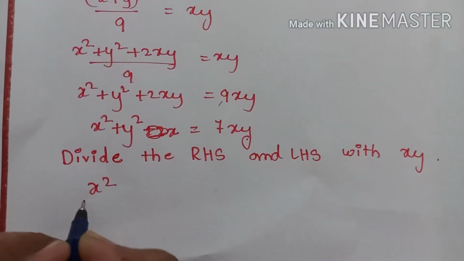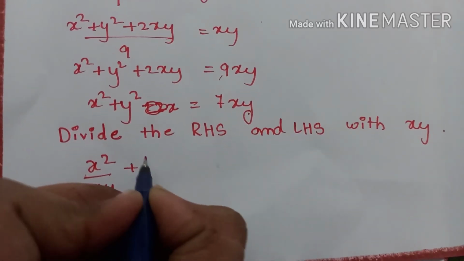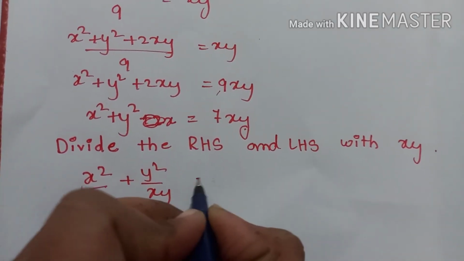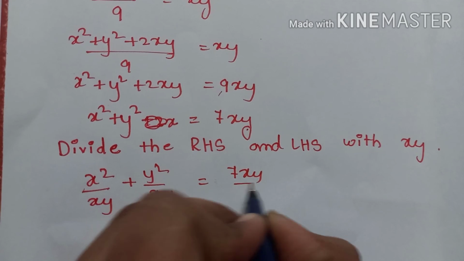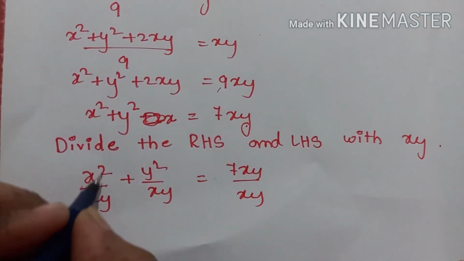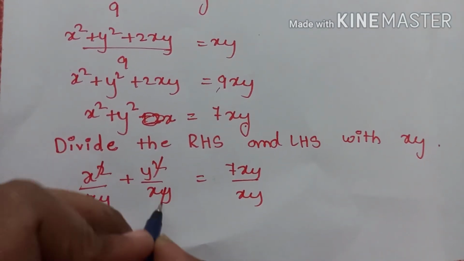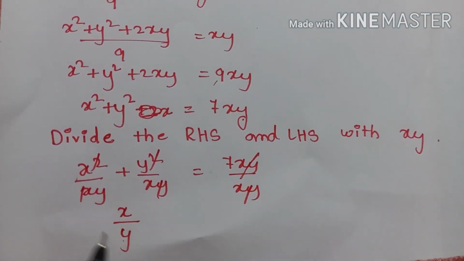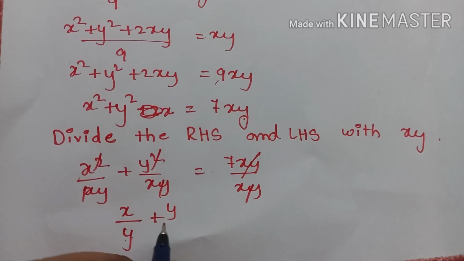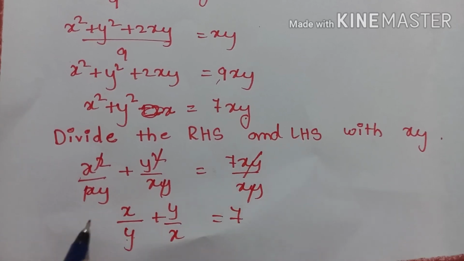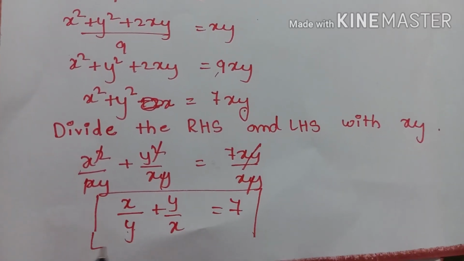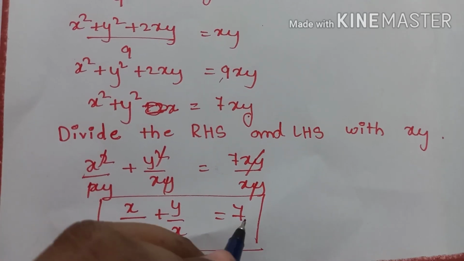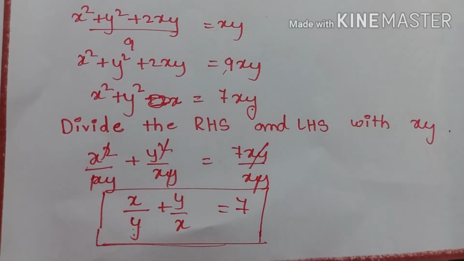So x square by xy plus y square by xy equals 7xy by xy. x square and x get cancelled, y square and y get cancelled, xy gets cancelled. So therefore x/y plus y/x is equal to 7, and this is the solution. The value of x/y plus y/x is equal to 7.